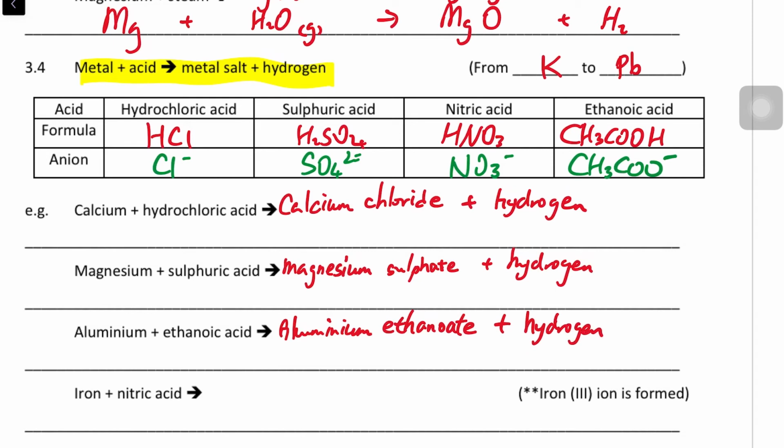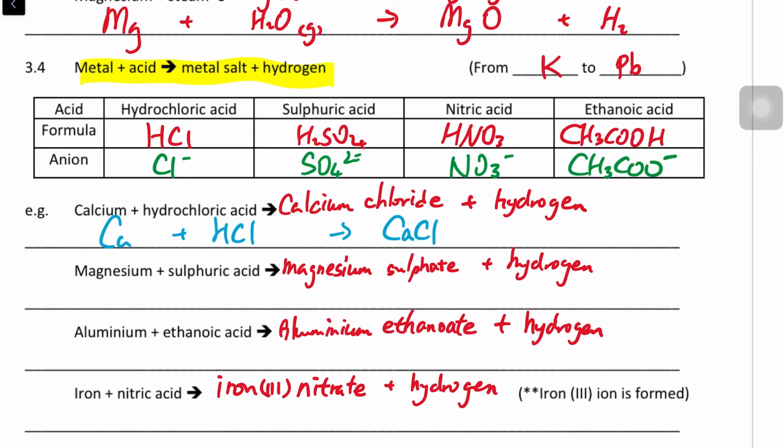And finally, according to the hints, it should be iron, don't forget iron(III) nitrate and hydrogen. Okay? So next, let's write down, this is Ca, this is HCl to form CaCl2 and H2.